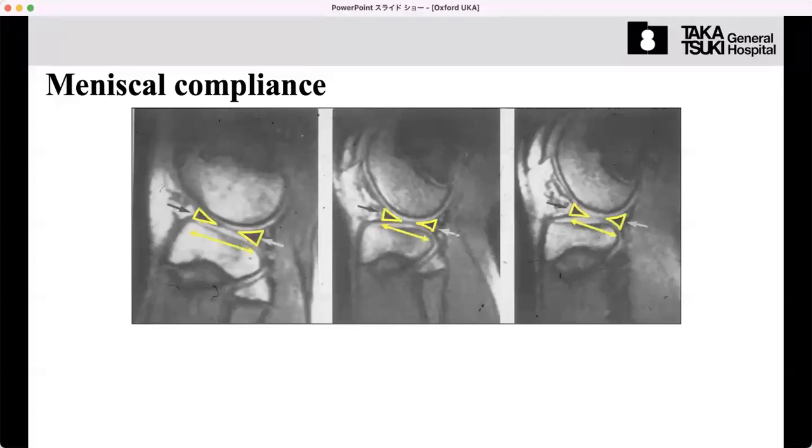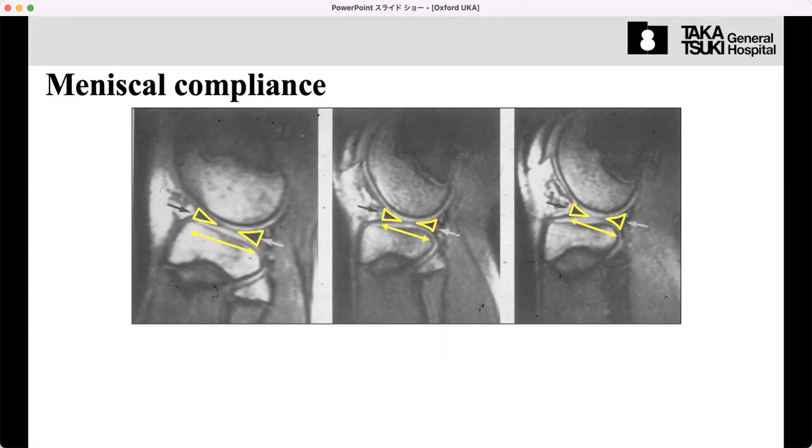The meniscus can change its location, thickness and width. In extension, the meniscus becomes thinner and wider and is located in the anterior part of the tibial plateau.